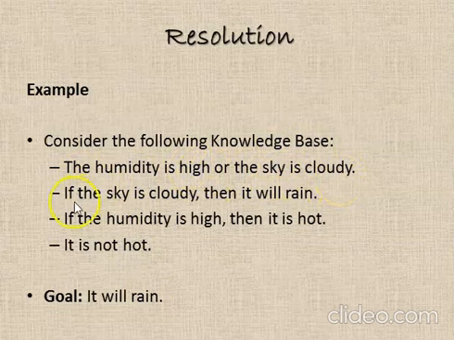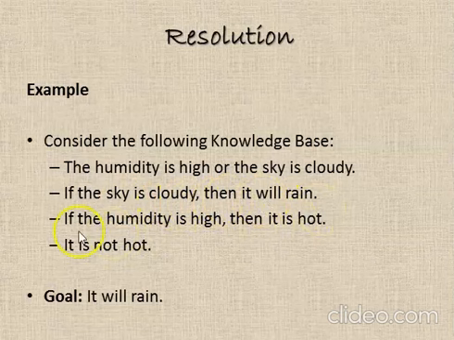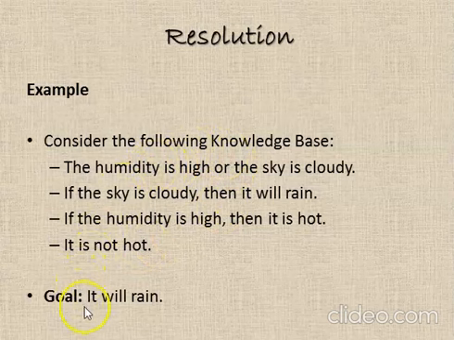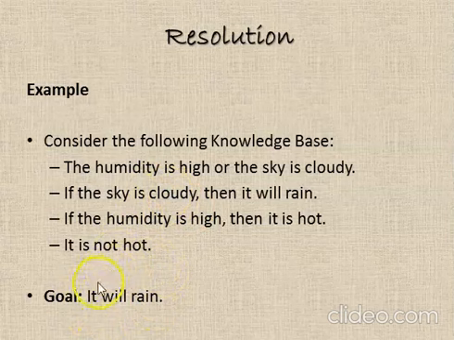Then if the sky is cloudy, then it will rain. If the humidity is high, then it is hot. It is not hot. So never have we been given the statement, it will rain. It is all based on condition. So we have to ascertain this fact that it will rain from these statements given.